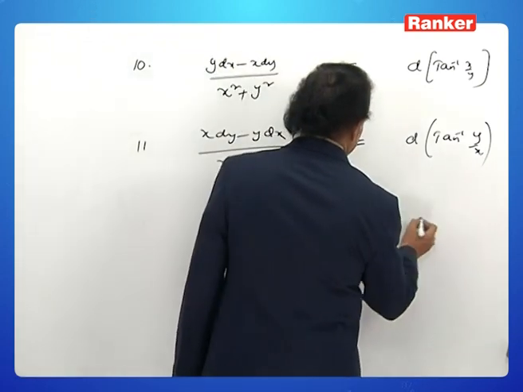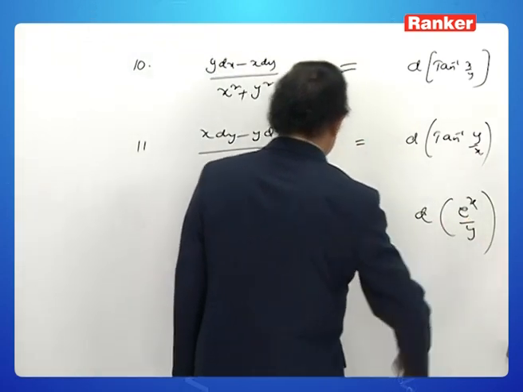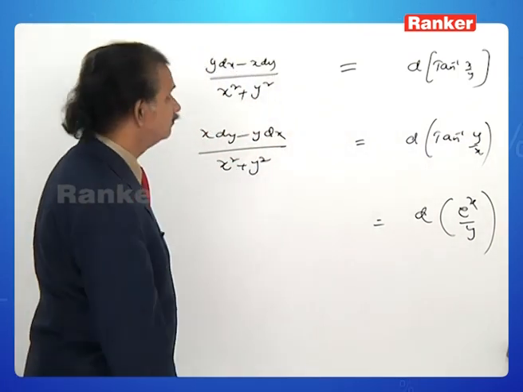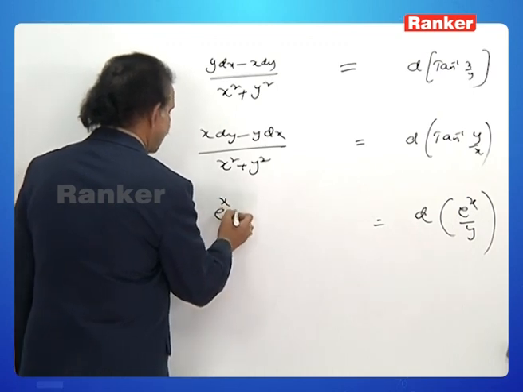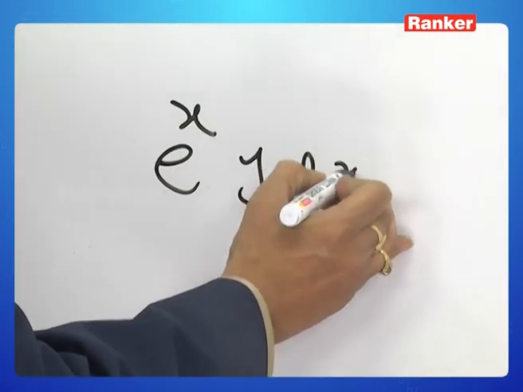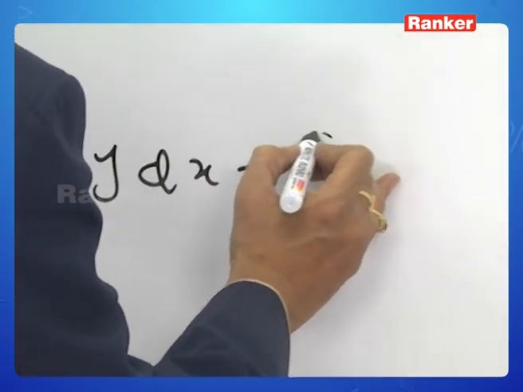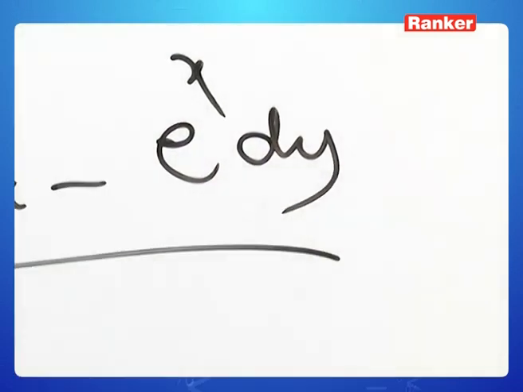Okay, one more thing. d of e power x by y. What can you see? Come on. e power x into y dx minus e power x dy by y square.